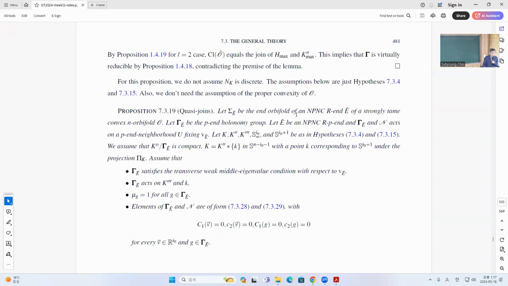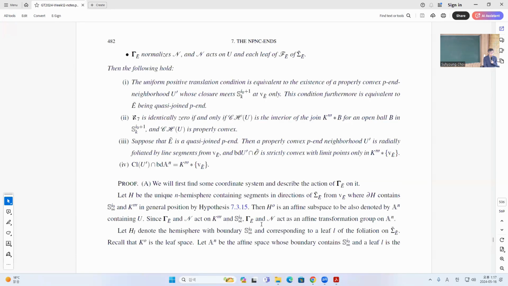Okay, so the quasi join is that if you have this orbifold with NP NCRN and the X1 neighborhood, and suppose it satisfies these two hypotheses, and it satisfies the transverse weak middle eigenvalue condition, and this X one here, and then these are all zero.